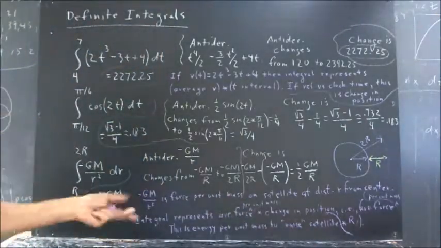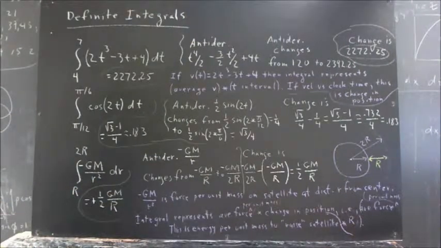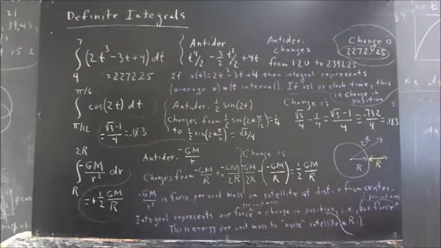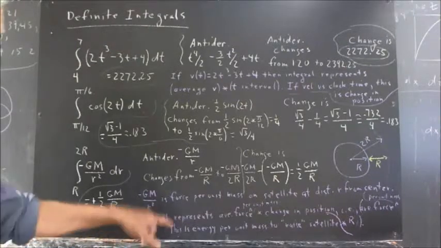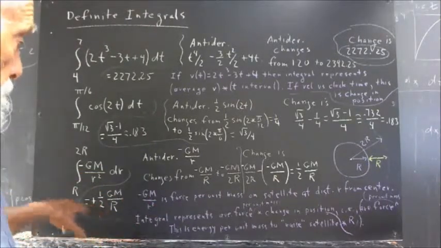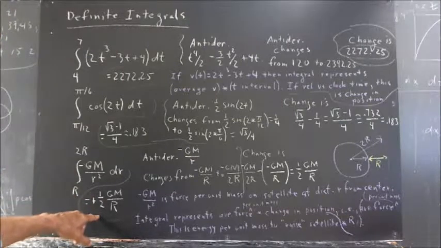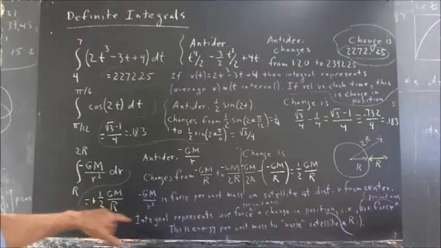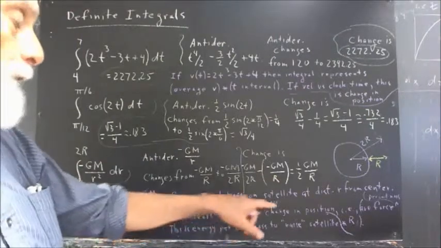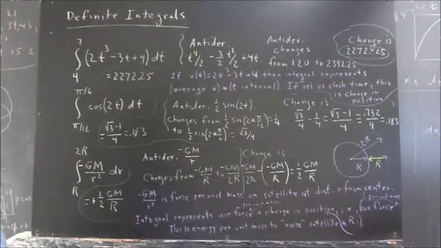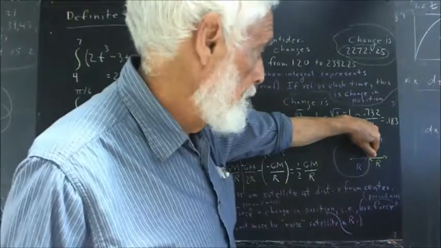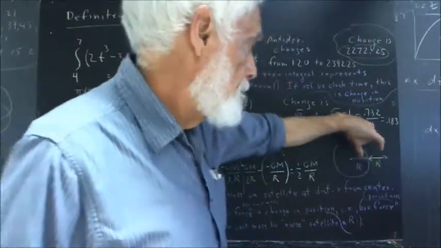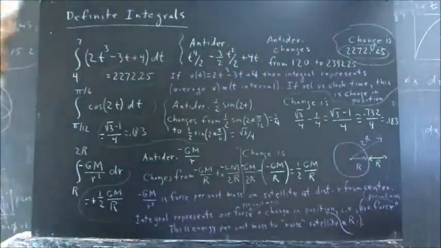Now I've chosen this because it fits with other interpretations done in terms of trapezoids. Okay, so if you understand those interpretations, you understand then what this integral is telling you, that 1/2 big G big M over R is the energy per unit mass to raise a satellite. More specifically, to raise a satellite from the surface to a distance equal to the radius above the surface.